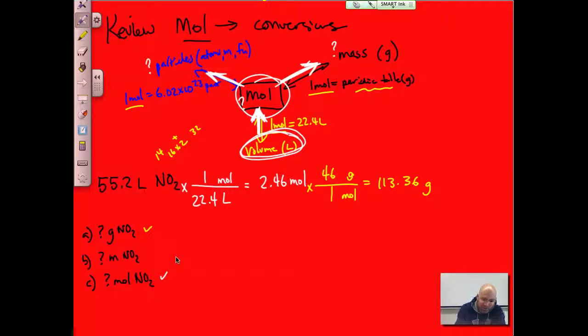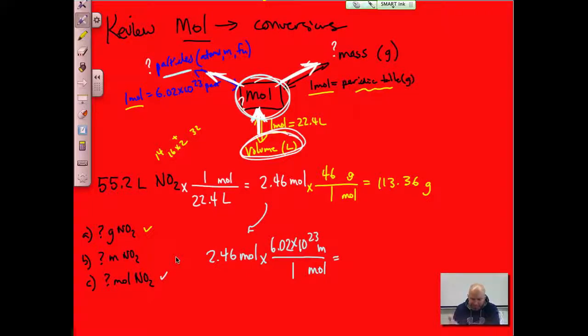If I want to now solve for particles, I can go right back to moles. Bring that down here. 2.46 moles. And I'm going to go X line. Moles, molecules, 1, 6.02 times 10 to the 23rd. And again, it's in the numerator, so I'm going to multiply those two.